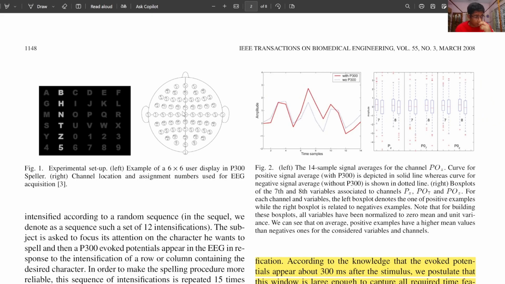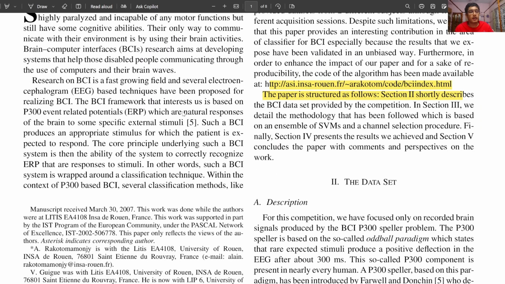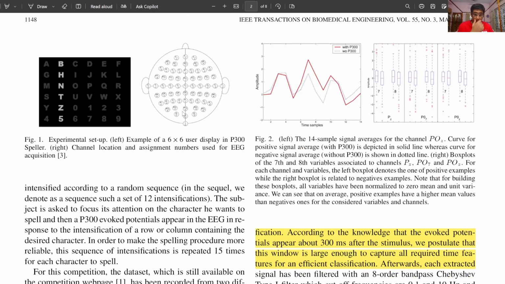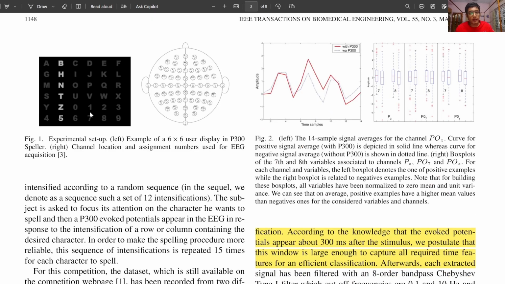Now, the dataset has been collected like this. For each different character spelling, the same character was focused on for 15 epochs, and during each of these 15 epochs, all of the 12 rows and columns flashed once in a random order.